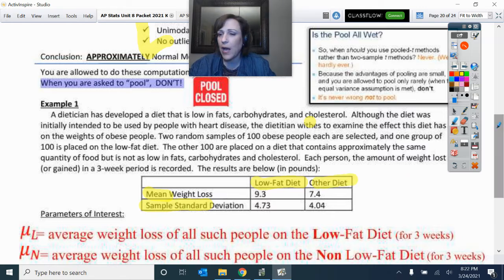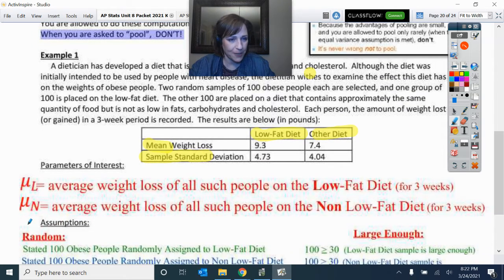I went ahead and did my parameters here. So mu of L is the average weight loss of all such people on the low-fat diet for the 3 weeks. And mu of N, because I didn't want to use mu with the little o. That's kind of dangerous, because is that like the null hypothesis or what? So I put N for the non-low-fat diet group.